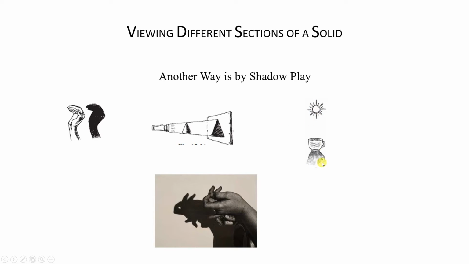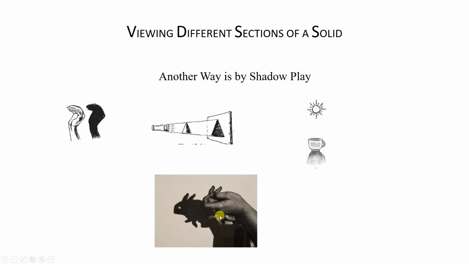Here also you can see that there is a cup and the sun's light is radiating on the cup, and here we can see its shadow.